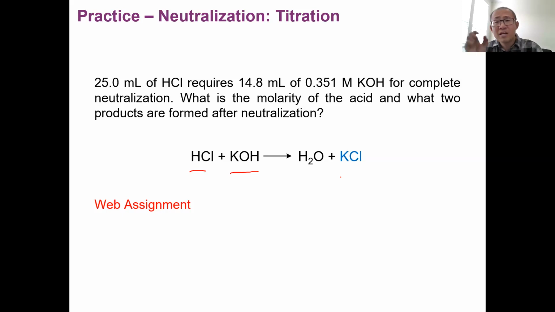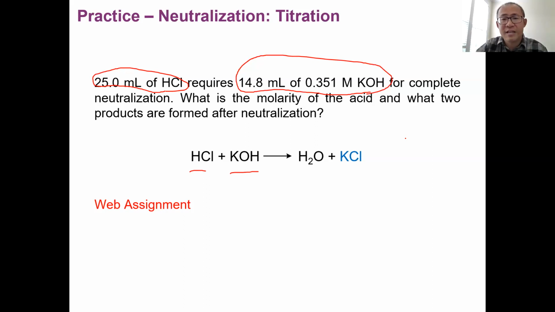Because we know the ratio, we can use this fact to determine the concentration of an acid or a base if we know the concentration of the other. For example, this exercise: if you have 25 ml of the acid, and this much acid can react with 14.8 ml of 0.351 molar of the base.